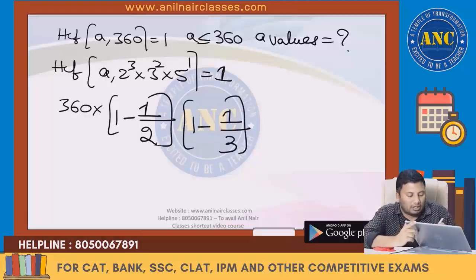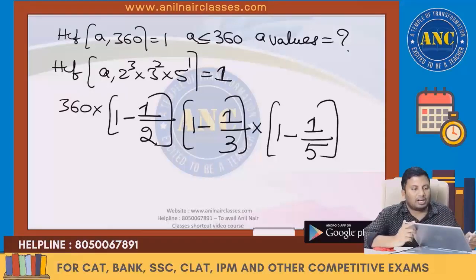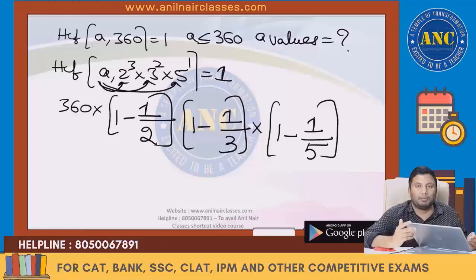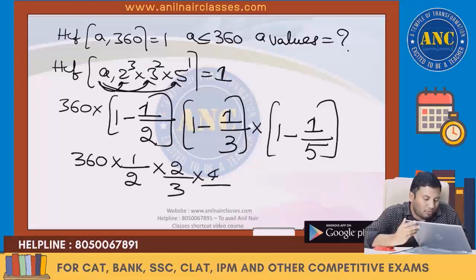How many are not? 1 minus 1 by 3. Out of 5 consecutive, one number is divisible. How many are not? 1 minus 1 by 5. Why are we taking the negation? A should not be divisible by 2, by 3, or by 5. So this is nothing but 360 into 1 by 2 into 2 by 3 into 4 by 5.